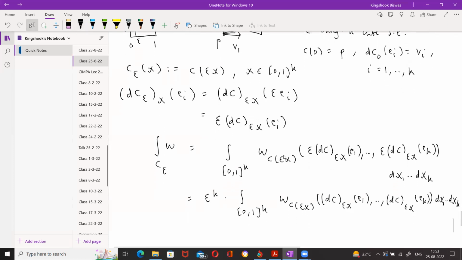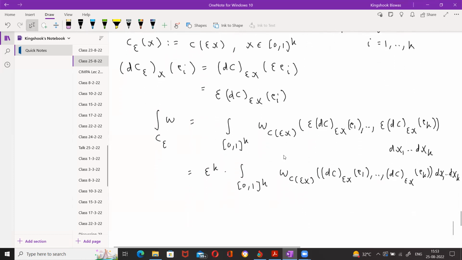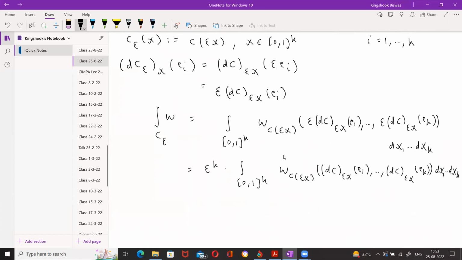So you see the integral over this small cube is of order epsilon to the k. As epsilon tends to 0, if I want a finite limit, what should I do? I should divide by epsilon to the k. So I take 1 over epsilon to the k, and these two will cancel.